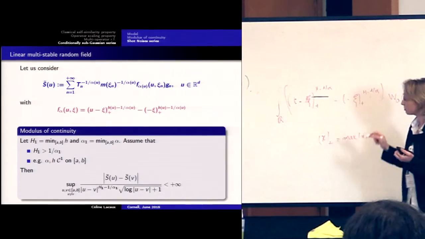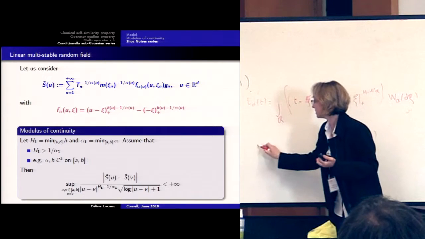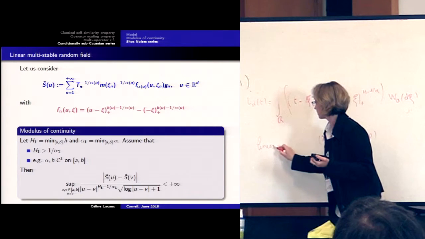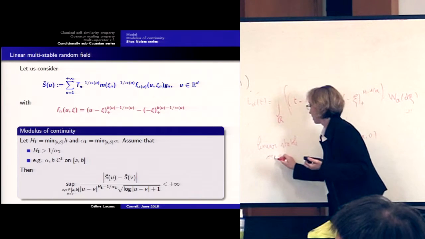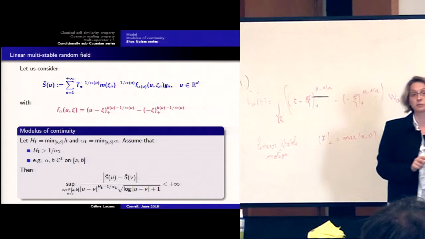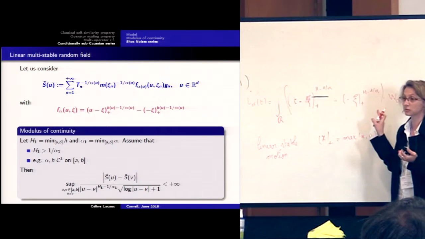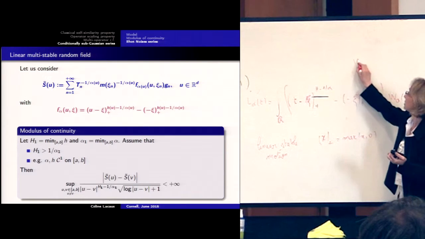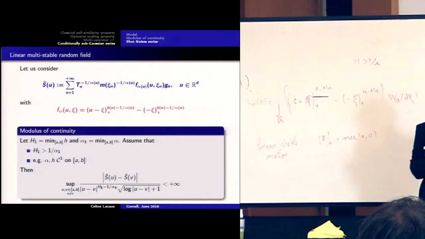So this process here, L alpha of t, is called the linear stable motion. And we know that an important assumption, if we want it to be continuous, is to assume that the kernel here is continuous. And that means that we assume that h is bigger than 1 over alpha.